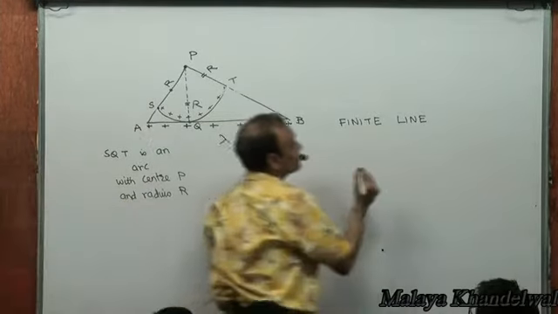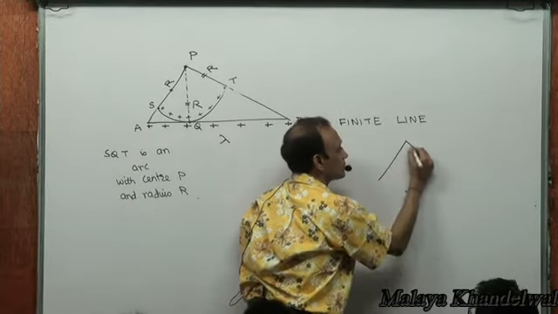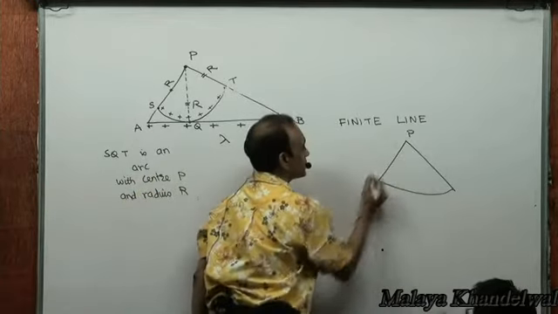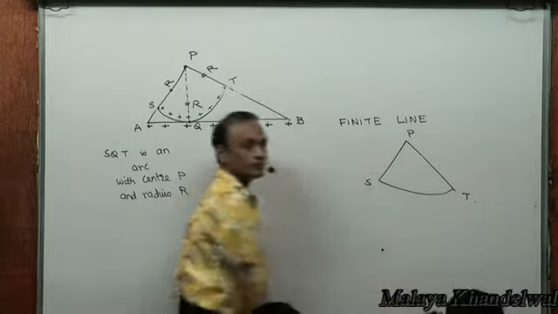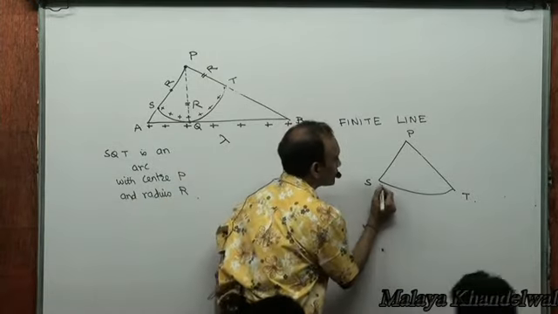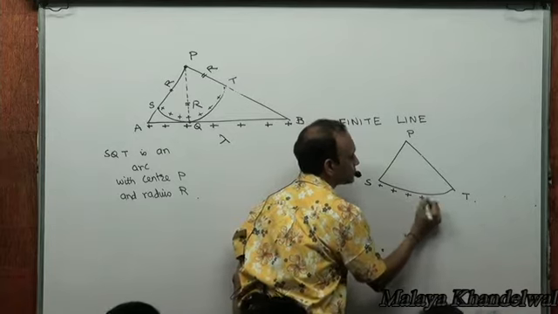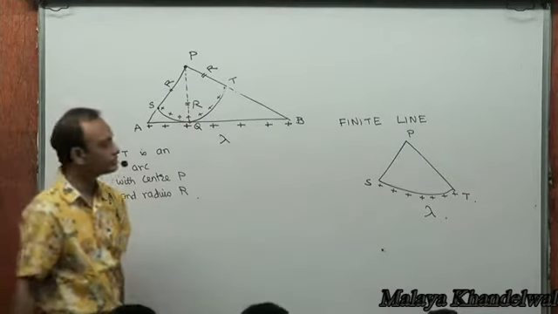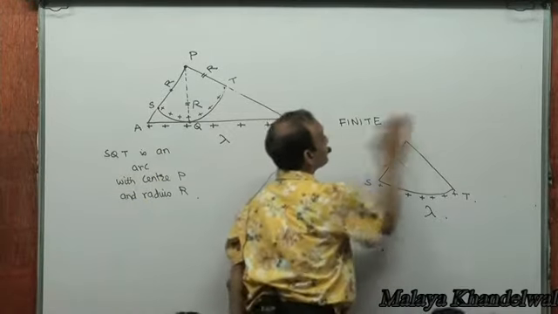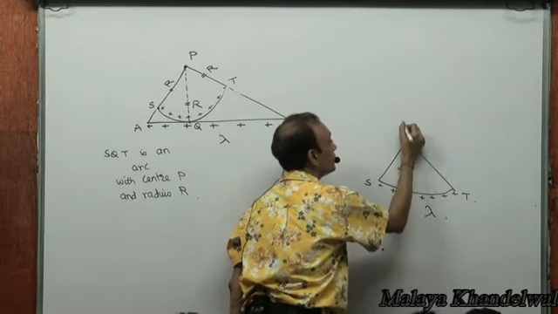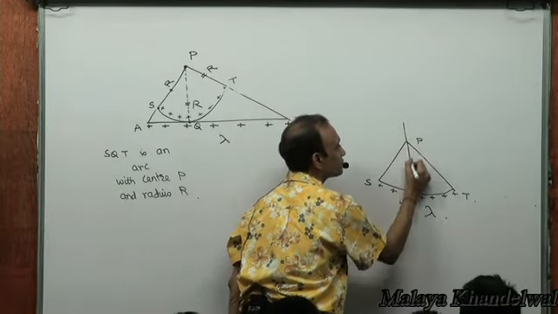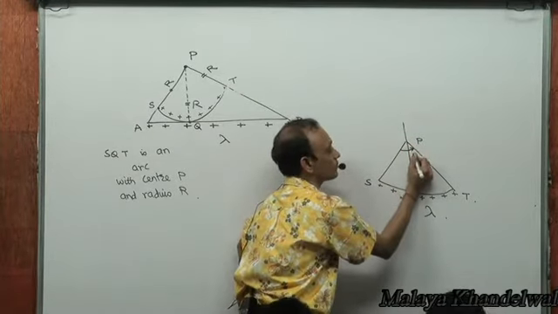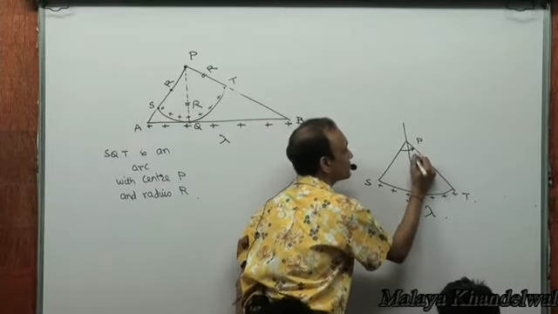And if you recall, if this is an arc, say, centered at P, ST, and there is linear charge density lambda on ST, then the field at P will be along the angle bisector, and suppose this whole angle is theta.